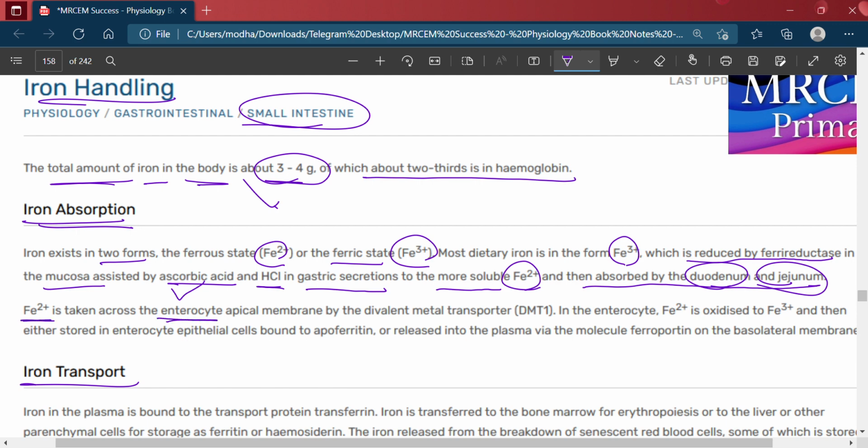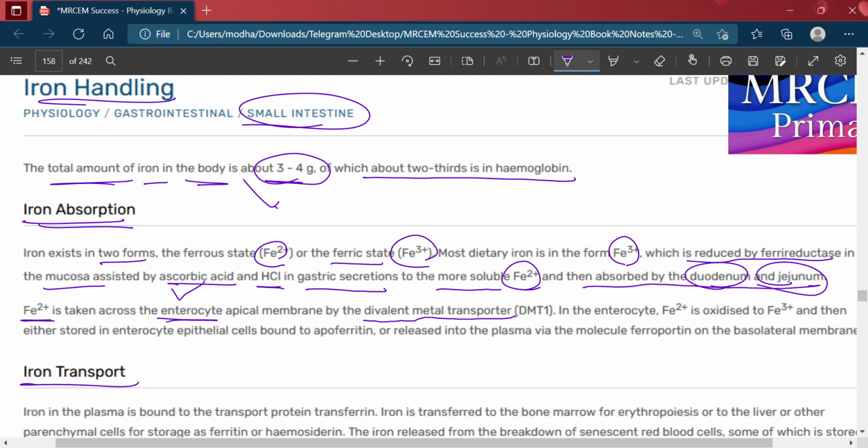Fe2+, ferrous, is taken into the enterocyte across the apical membrane by the divalent metal transporter DMT1.